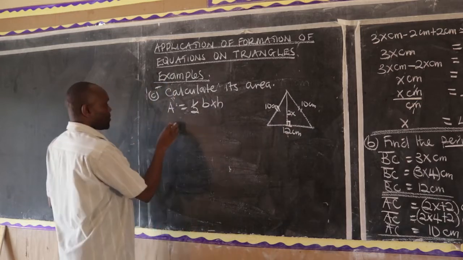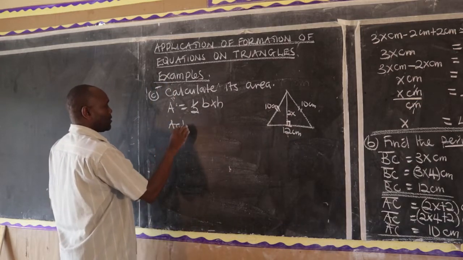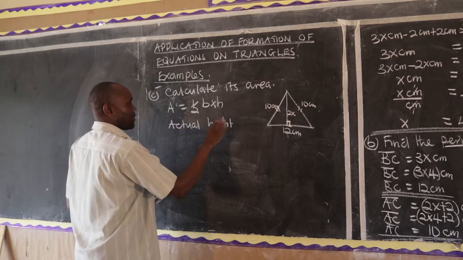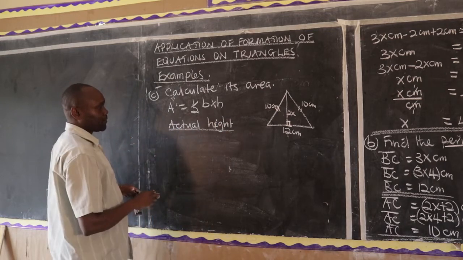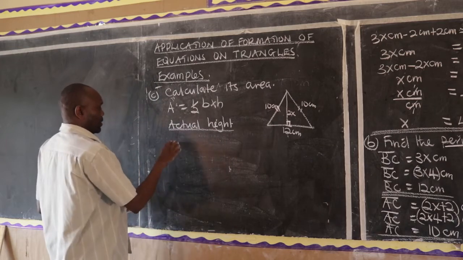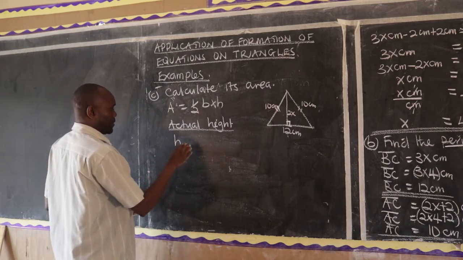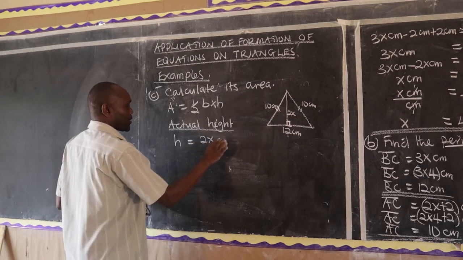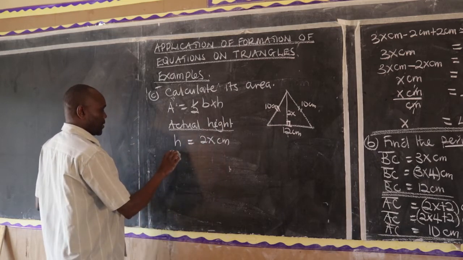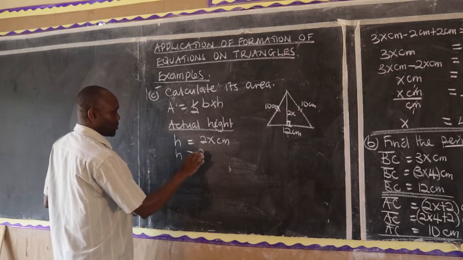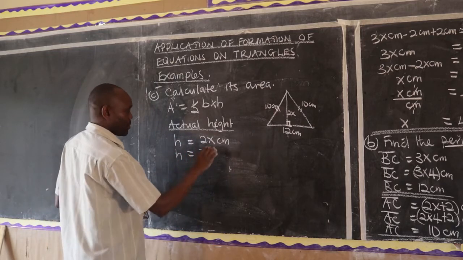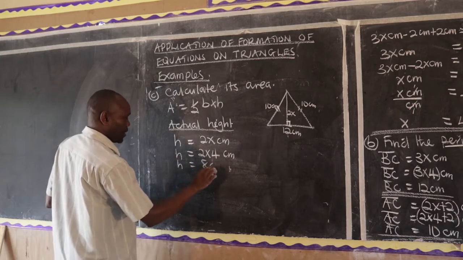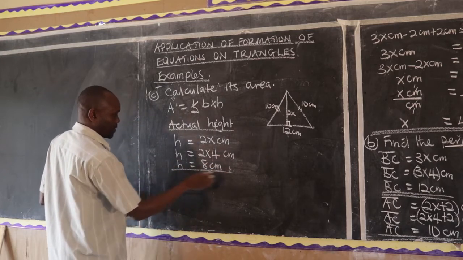Now, we cannot find the area when we don't also know the actual height. Therefore, there is need for us to know the actual height. So the height equals 2x centimeters. So h gives us 2 times 4, and the height will be 8 centimeters.